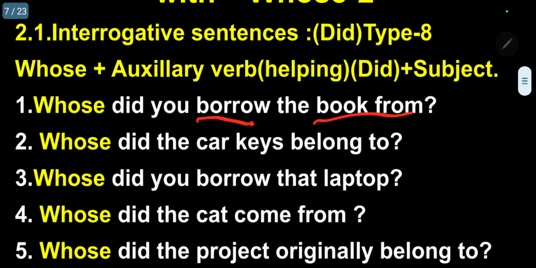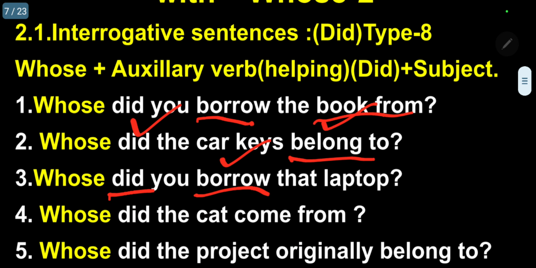Whose did the car keys belong to? Belong is the main verb, did is the auxiliary. Whose did you borrow that laptop? Borrow is the main verb, did is the auxiliary. The important information is that when we use a past tense auxiliary, the main verb always stays in the present tense.